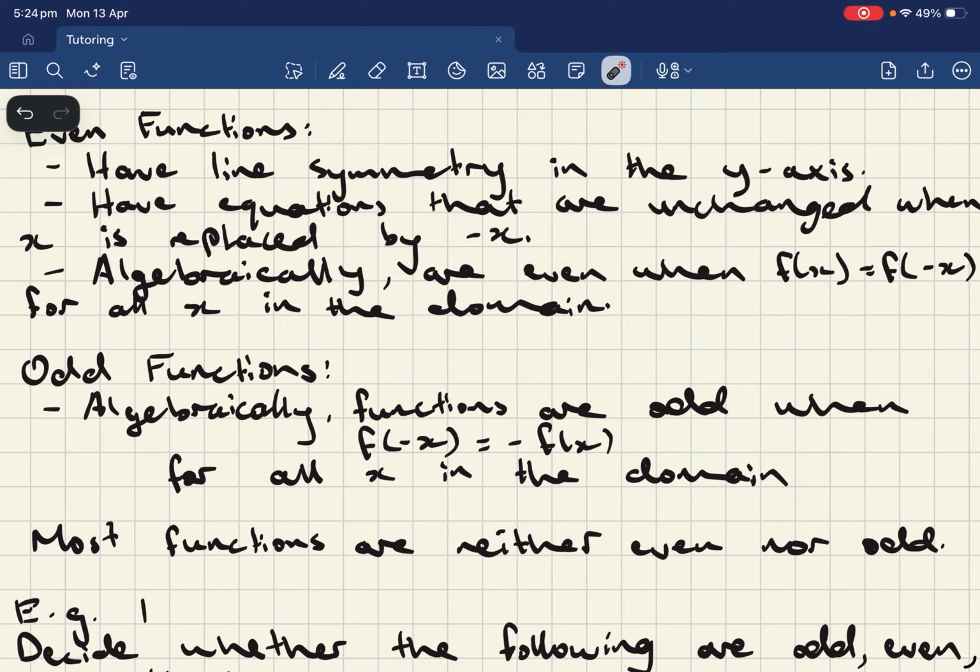We will show this visually later. Summarizing, the reflection of the function about the y-axis will be the same as a reflection about the x-axis. Most functions that we would have seen are going to be neither even nor odd, but some will have these characteristics and we can test these algebraically.